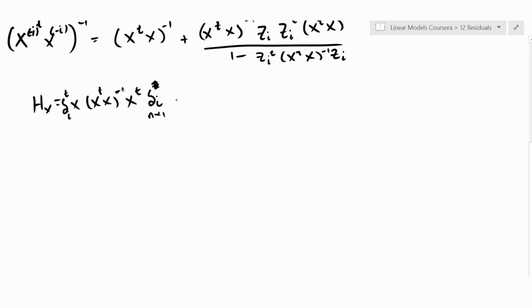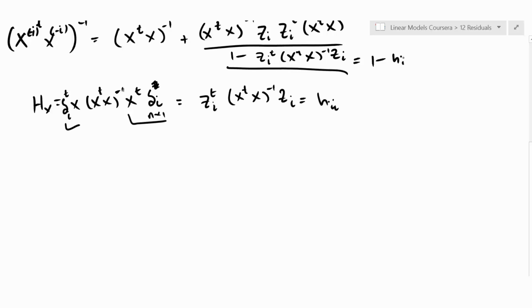Again, this will just grab the ith diagonal of any matrix. Pre-multiplying by a vector that grabs the ith row and post-multiplying by a vector that grabs the ith column will just grab the ith diagonal. When we multiply here, we get zi transpose X transpose X inverse zi. So this denominator, calling hii the ith diagonal of the hat matrix, is 1 minus hii.